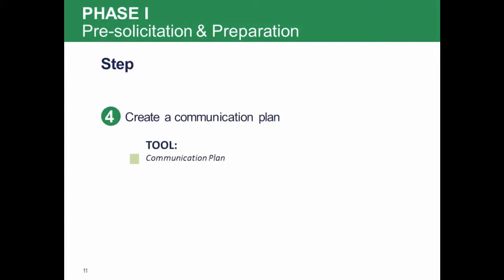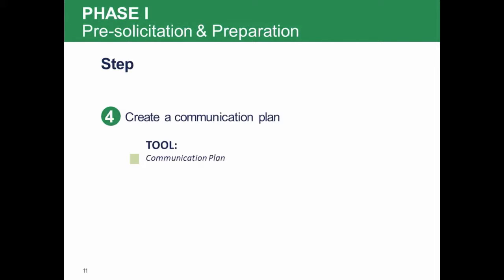The fourth step is to create a communication plan. A good communication plan will keep all decision makers and all potential users of the EHR engaged in the transition and will manage the uncertainty of change. There are also a number of other constituents that will benefit from learning about your organization's transition to an EHR.